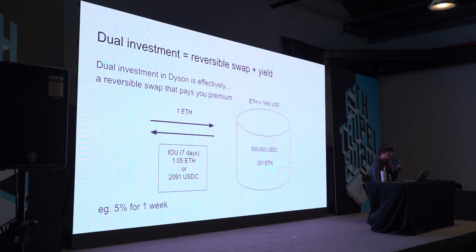So you are in fact getting some kind of loss. Not an actual loss, but a potential loss. So that's how this starts to make sense for the user. They are in fact shorting volatility to get a premium from the protocol.